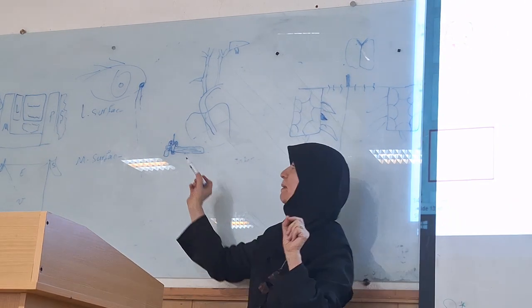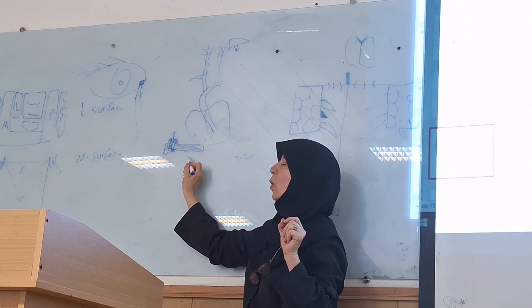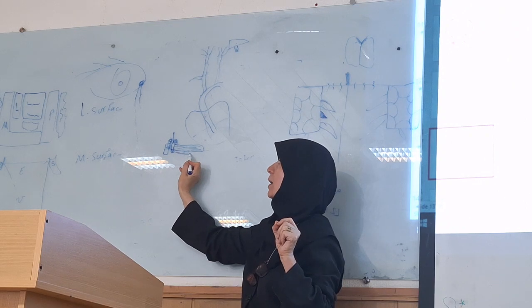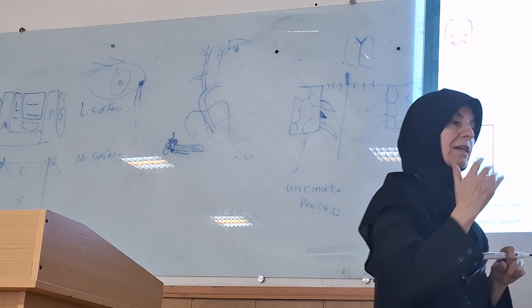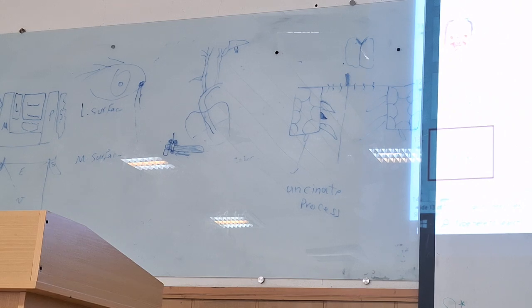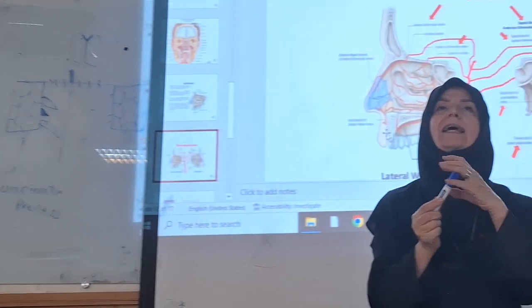Which structure is passing through this incisive canal? From the oral cavity to the nasal cavity, the greater palatine artery. Later, I'm going to tell you that from the nasal cavity to the oral cavity, a nerve is passing. So the incisive canal is for passing an artery and a nerve.